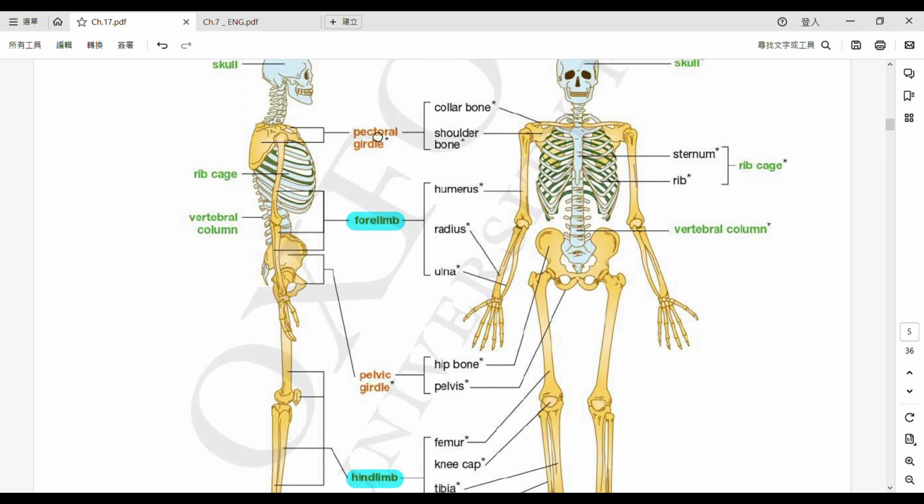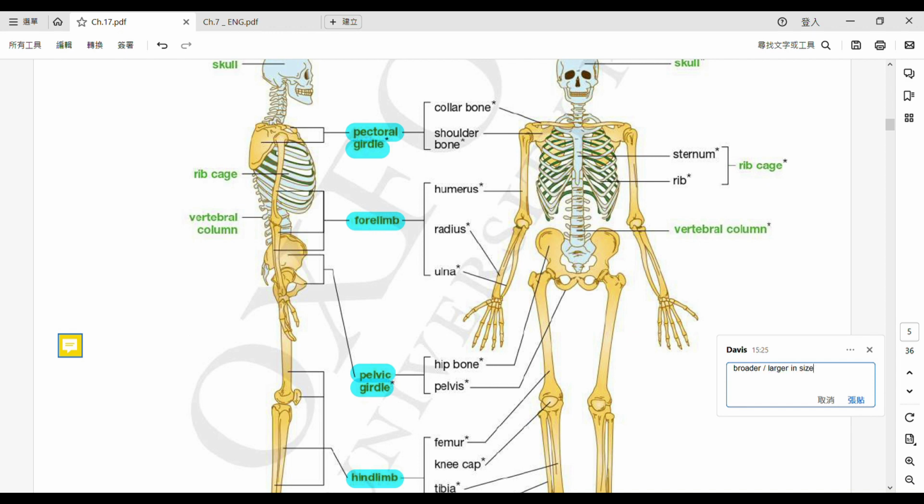But then we can see two girdles here，指到度啦，一個叫做 pectoral girdle，另外一個叫做 pelvic girdle. Alright, so when you look at these girdles, how do you think that it is different from the normal bones? 佢係同正常嘅骨有啲咩分別呢？Pectoral girdle and pelvic girdle, how are they different from the normal bones? Okay, as you may see, or you may also put it down, they are usually broader, 闊啲啦, and larger in size.